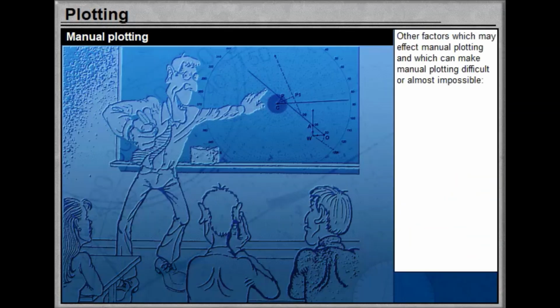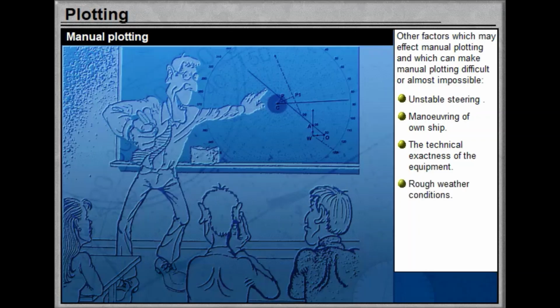Other factors which may affect manual plotting, and which can make manual plotting difficult or almost impossible: unstable steering, manoeuvring of own ship, the technical exactness of the equipment, rough weather conditions, target relative speed, the navigator's experience and lack of plotting practice.